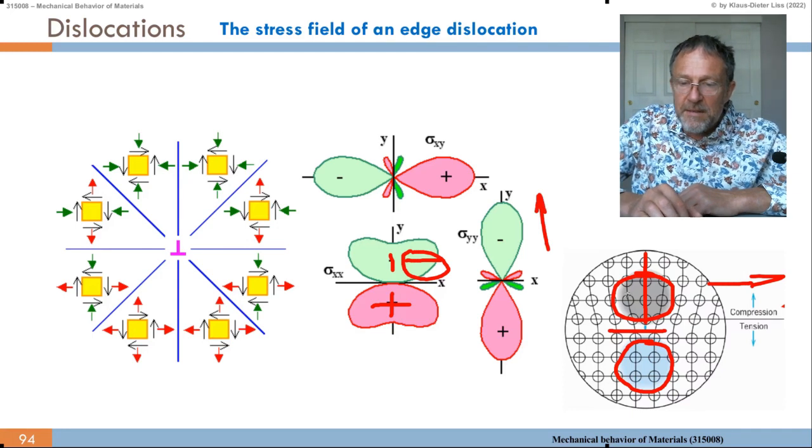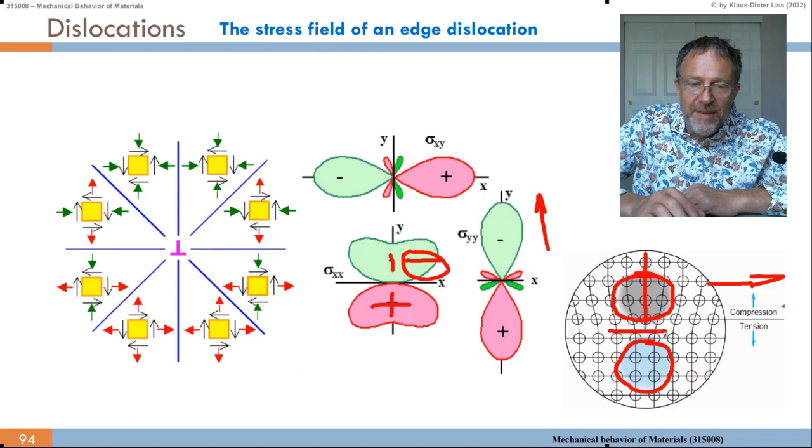If we get compression in the x direction, then we get some hydrostatic relaxation. We also get compression in the y direction. Yeah, it wants to push this plane out. So in the y direction we also get compression, or we also get expansion below the habit plane.